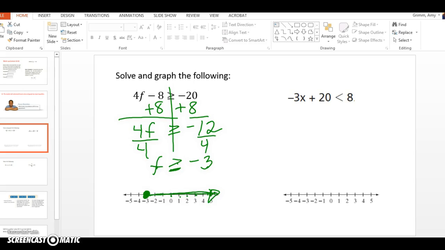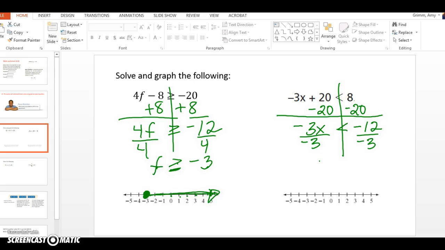All right, so the first step on the next one is to subtract 20. All right, so this time I get negative 3x is less than negative 12. And then my last step is to, Eric? Divide by negative 3. And so x, and then what do I have to do?